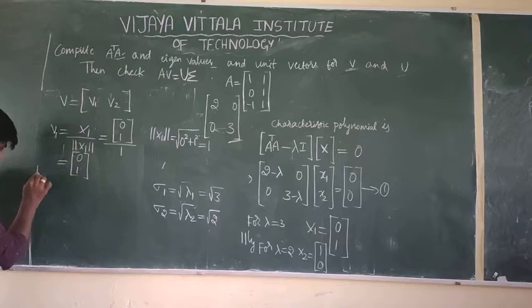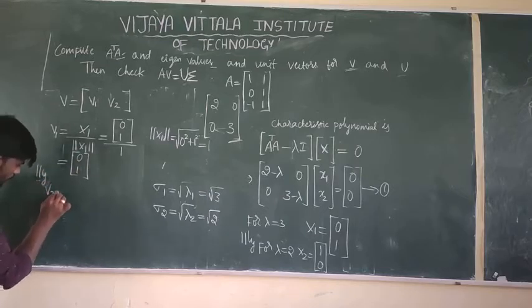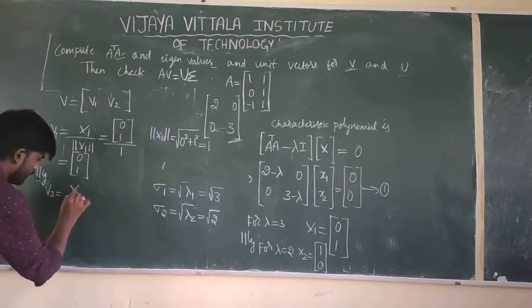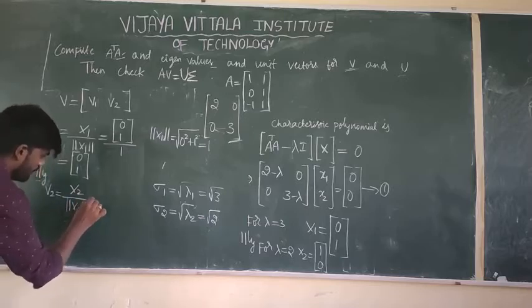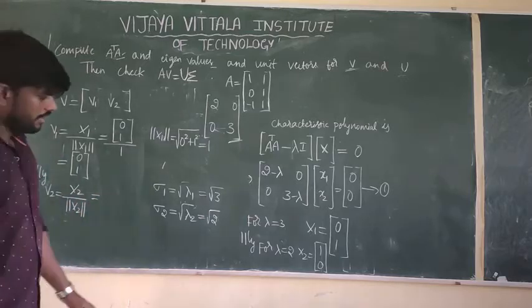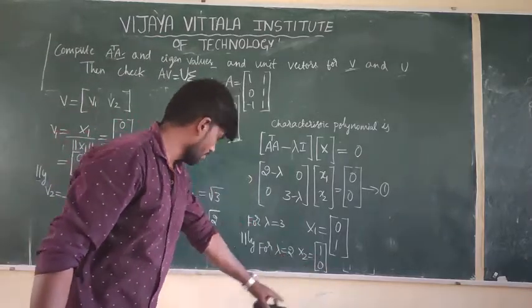Similarly, we have to find v2. v2 is x2 divided by norm x2, where x2 is the column vector 1, 0.